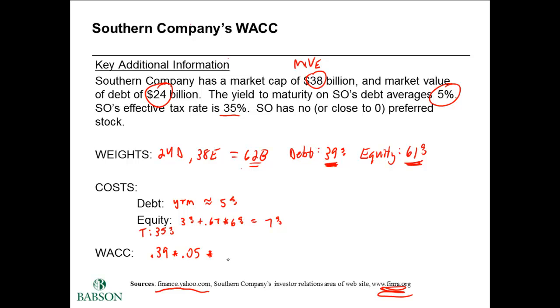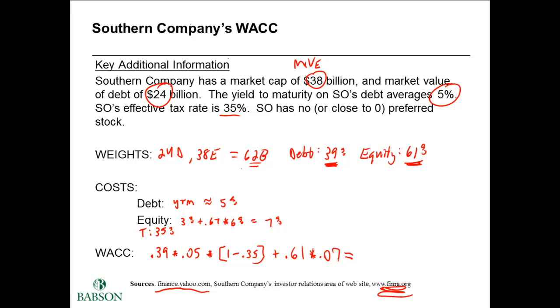So we have to multiply this number by 1 minus the tax rate in order to get the after-tax cost of debt. Cost of equity, take the weight of equity times the cost of equity. And this calculation gives us an estimate for Southern Company's weighted average cost of capital.